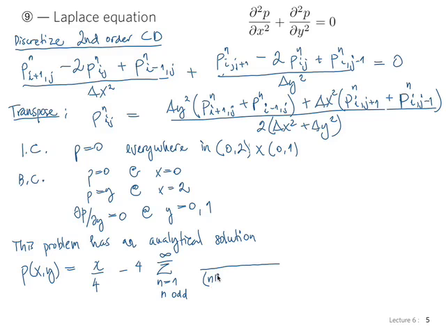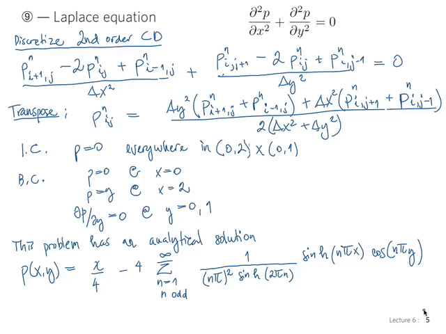We have n pi squared here, and the hyperbolic sine of 2 pi n, 1 over that. And we have hyperbolic sine of n pi x, and finally the cosine of n pi x. So this is the analytical solution to this problem, and I give you the analytical solution in case you want to compare with your computer results.